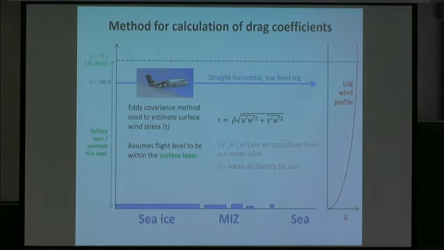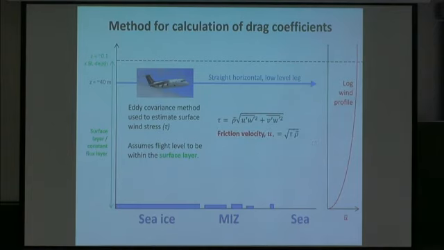So, quick primer on how you would calculate the drag coefficient from aircraft data. Well, basically, you need to have some fairly adventurous pilots who are happy to fly in the atmospheric surface layer, so typically around 30 to 40 meters above the sea surface. You use your aircraft to measure wind perturbations, so the three-dimensional wind field, you subtract the run mean, and then you get wind perturbations, and you can calculate the surface stress from those wind perturbations.